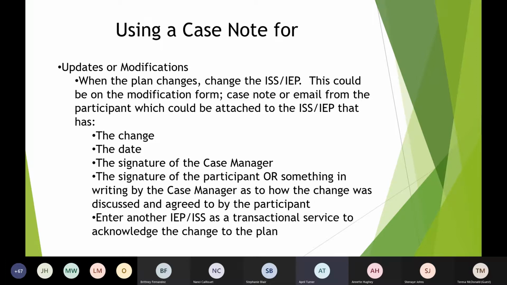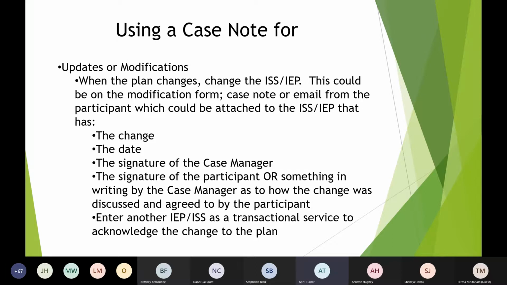And you say, okay, this is a change to your IEP. You would attach the email to your IEP that shows the change. It also shows the date the participant asked for the help. The case manager will sign it.